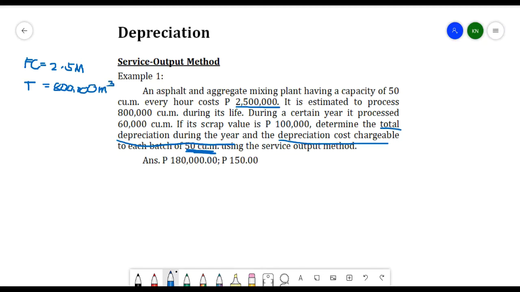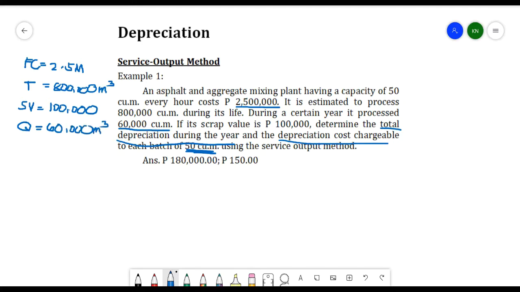Its scrap value, or SV, is equivalent to 100,000 pesos. And we need to determine the total depreciation during the year, in which the plant processed 60,000 cubic meters. So our Q here is equivalent to 60,000 cubic meters.